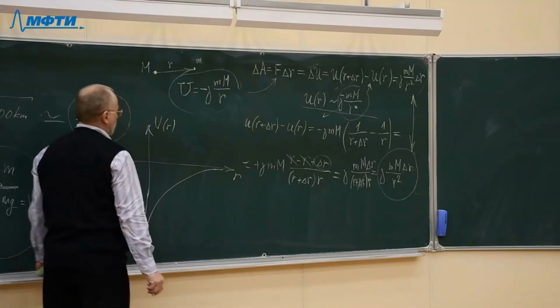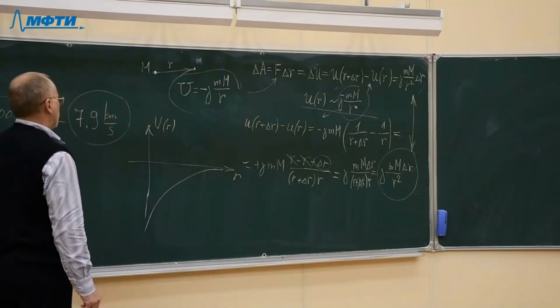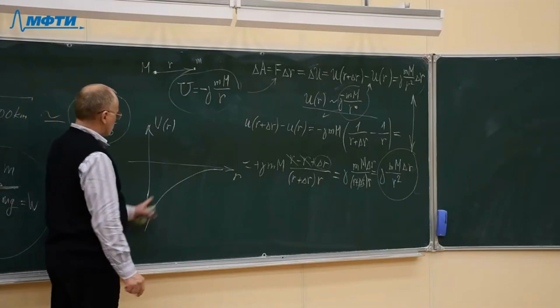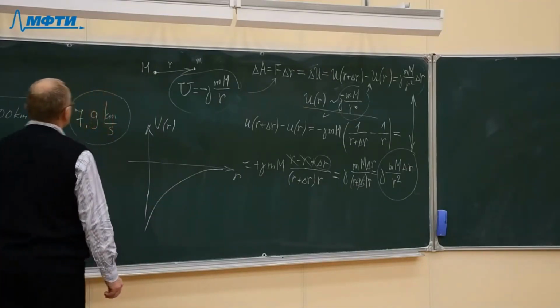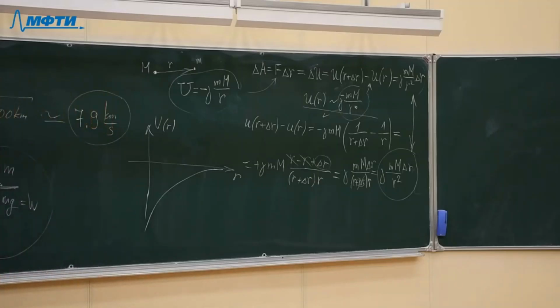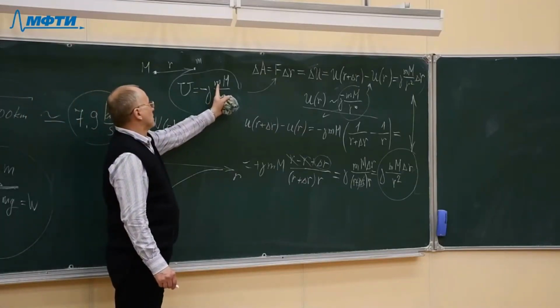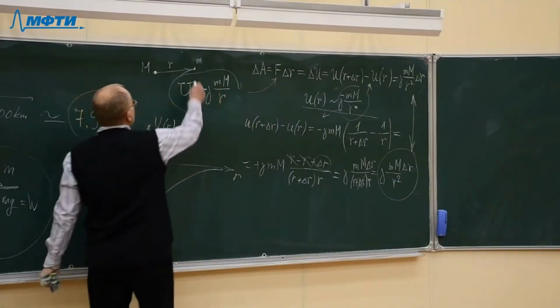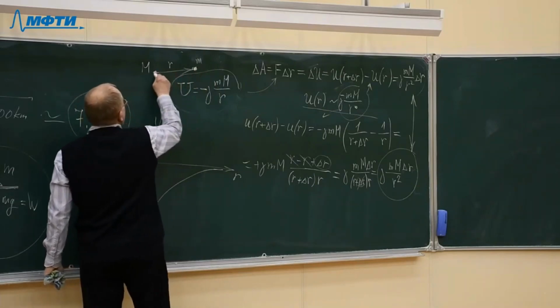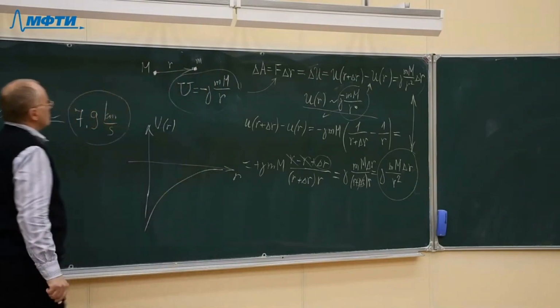So that's the potential function in a gravitational field. The potential energy of a body of mass small m, of any mass, in the gravitational field of another body has this potential energy.